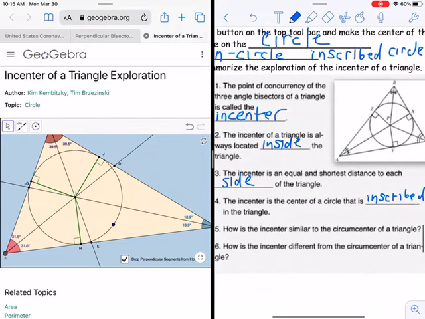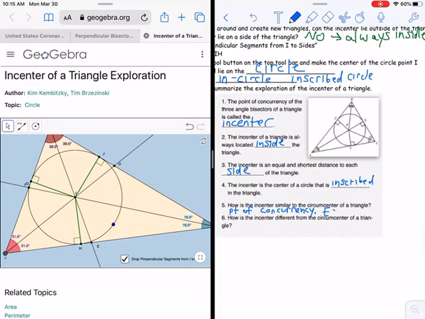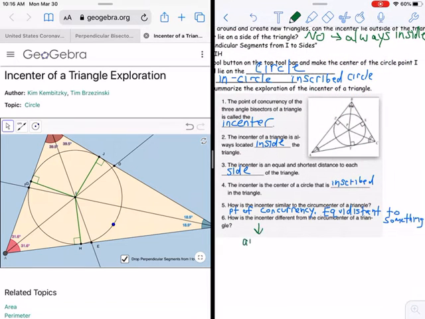All right, and how are they similar? They're a point of concurrency, so that means three lines are intersecting to form them. And they're both equidistant to something. All right, how is the incenter different from the circumcenter? The incenter is formed by angle bisectors.